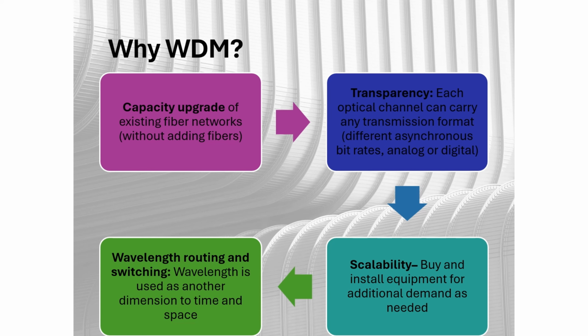By just buying and installing equipment, multiplexer, demultiplexer, source, receiver, we can fulfill the additional demand as needed. Then wavelength is used as another dimension because now we are routing by wavelength. In a fiber optic network, wavelength routed switches and wavelength routed nodes are used, and that's why wavelength routing and switching is beneficial, we don't need to convert to another format.